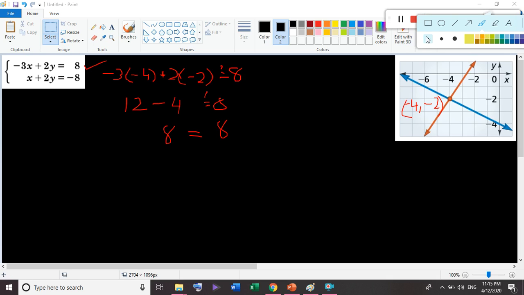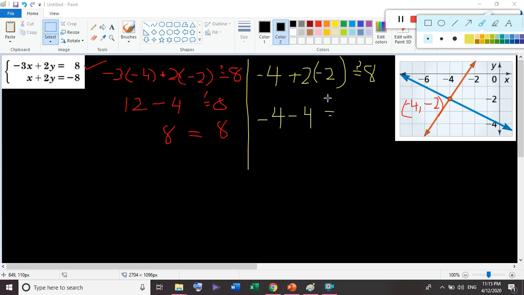Let's check the second equation here. x is -4, plus 2 times -2, which is -4.